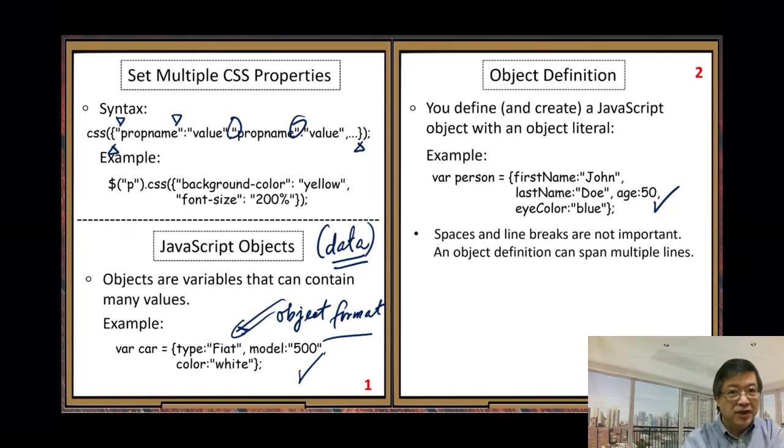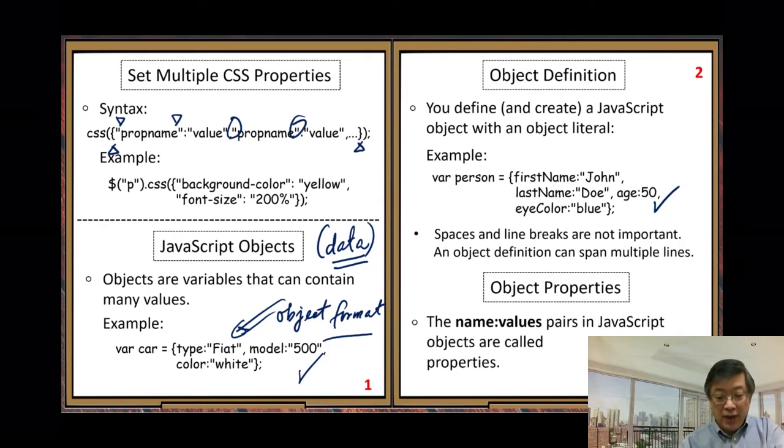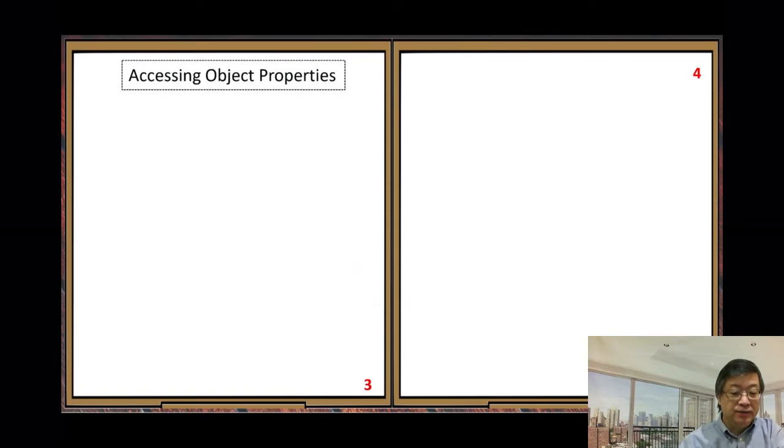All right, so next, object properties. The name colon value pairs in JavaScript objects are called properties. So we refer to properties. Next, this time we need to access properties.